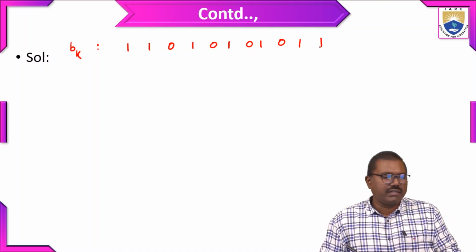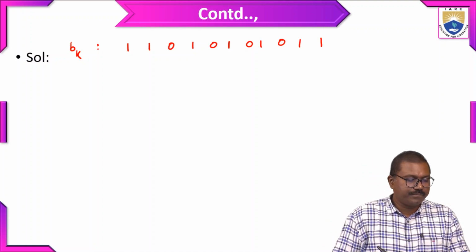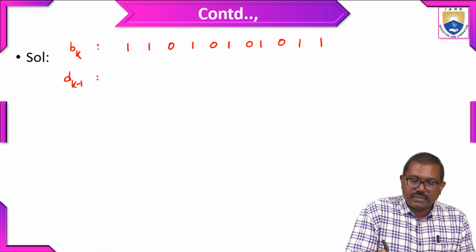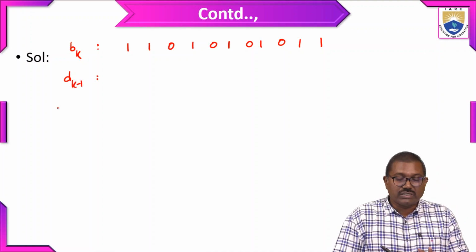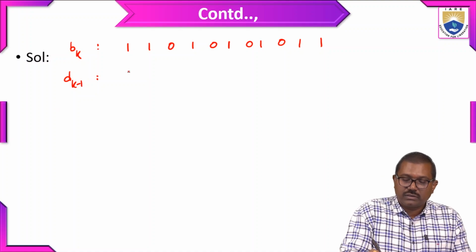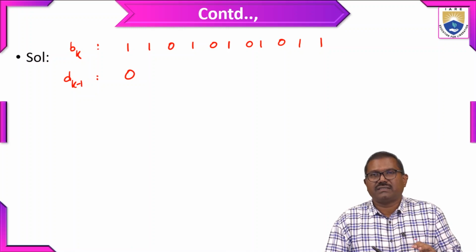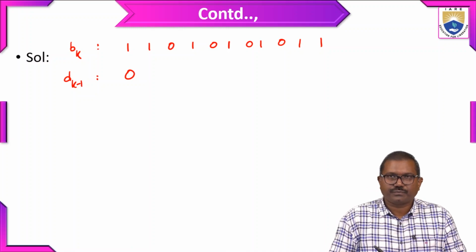So this is the given bit sequence. So now I am going to find dk minus 1 using 0 as the reference bit. For the first bit, take it as 0.